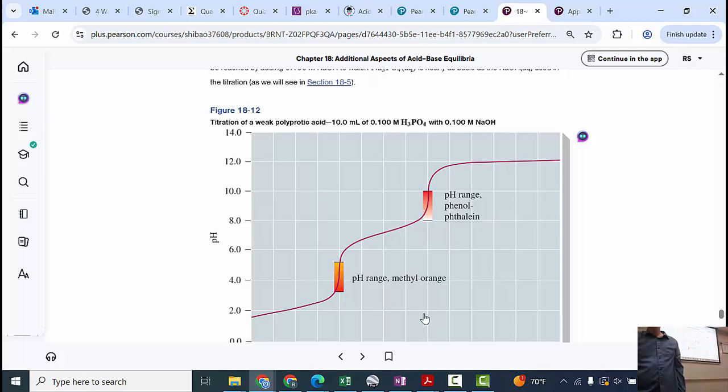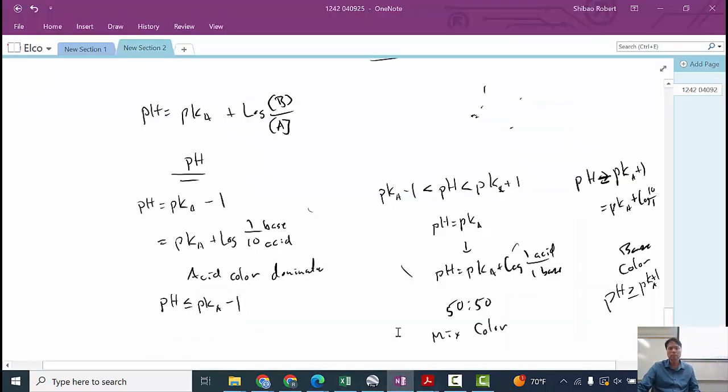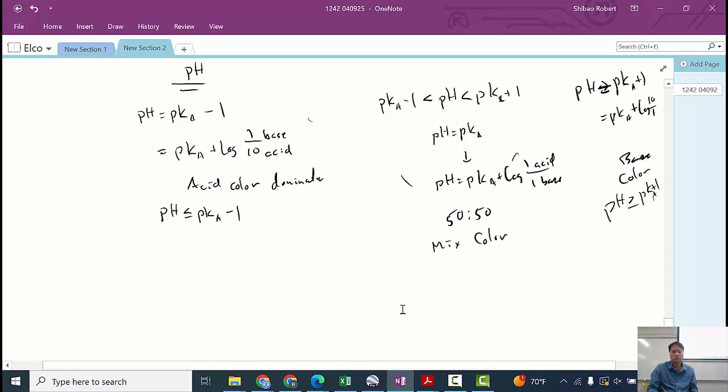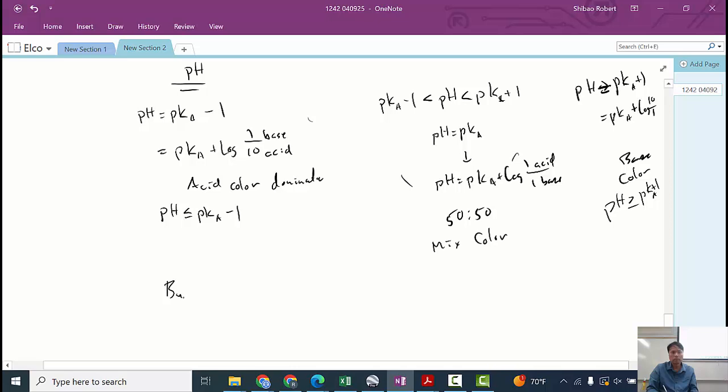Let's say I wanted to make a buffer of pH 7. Okay, how would I do that? I want to make a buffer of pH 7.00.